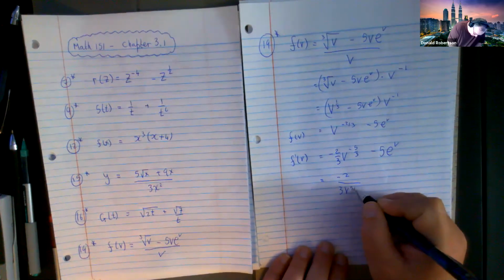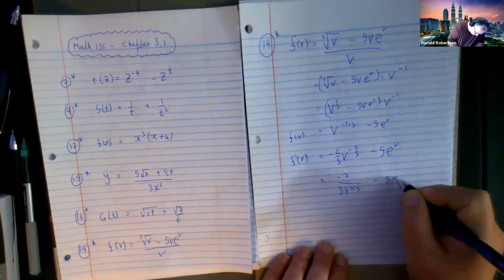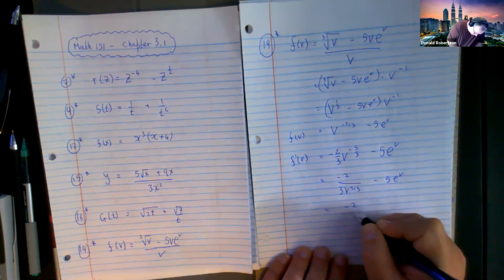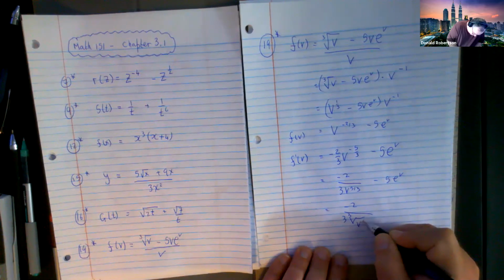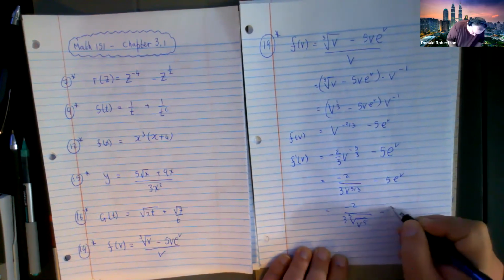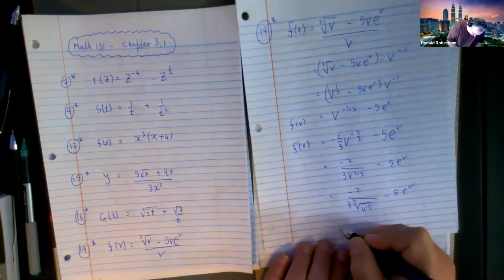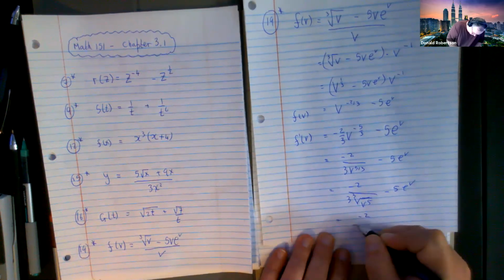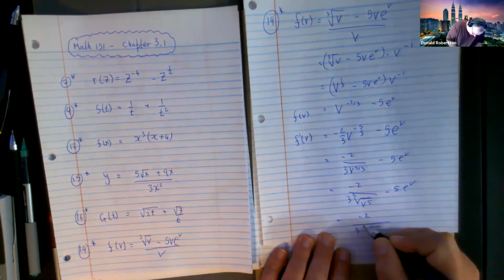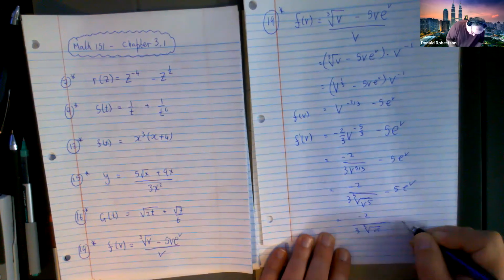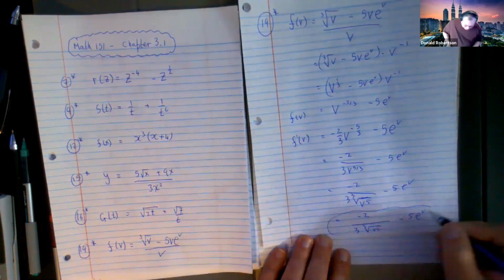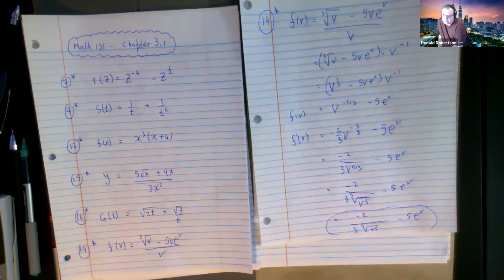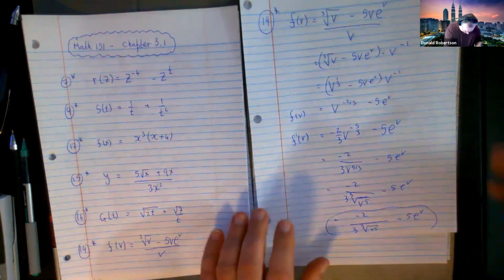Bring the guy downstairs and then turn him into a radical. I think I'll rewrite that again. It looks weird. Yeah, looks a little bit better. There we go. And there's our answer. We have differentiated that horrible expression.